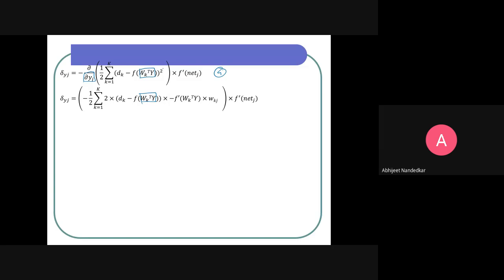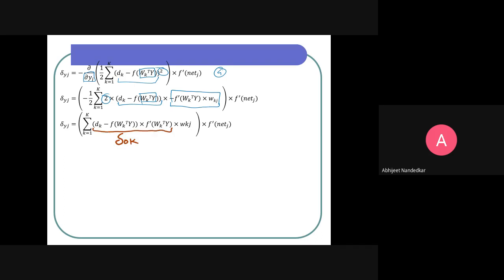You can take this 2 here. These terms will remain as they are, multiplied by this term. Now if you simplify this further, you can see this group from this step, which was defined earlier as delta OK.